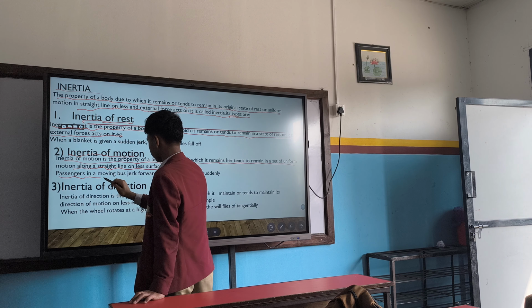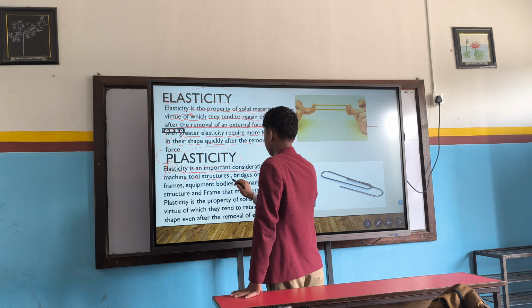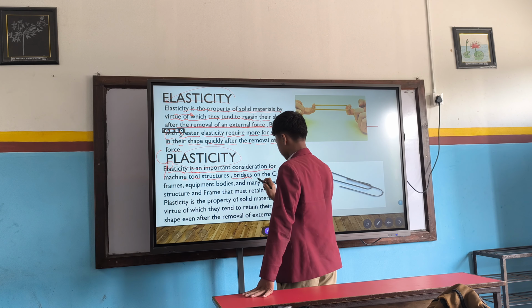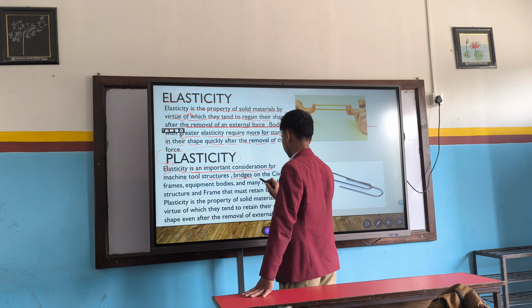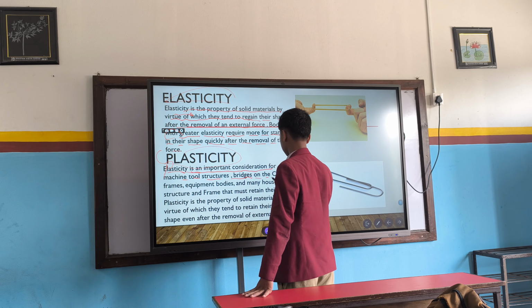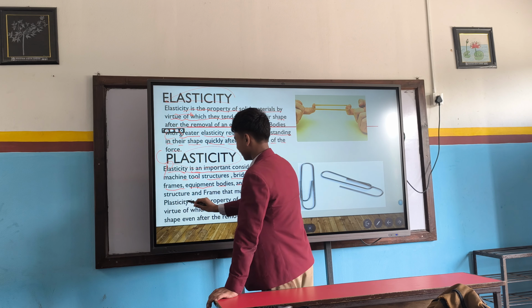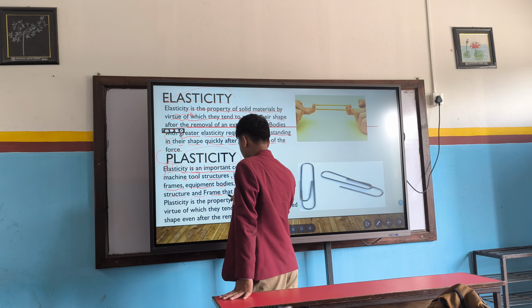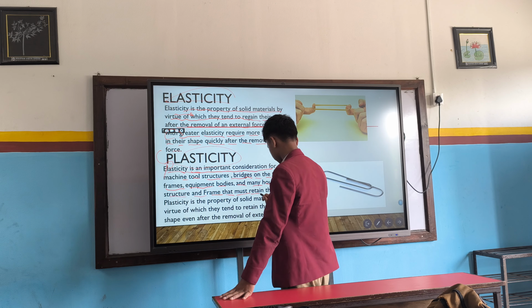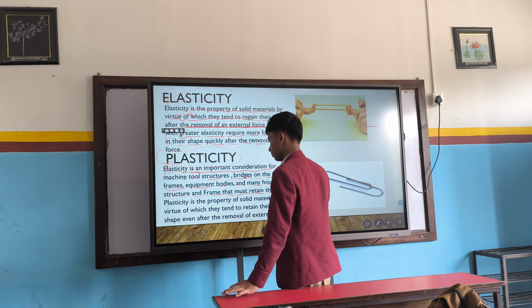Plasticity. Plasticity is an important condition for machine tools, structures, bridges in civil works, farm equipment, and many household structures that must retain their shape.